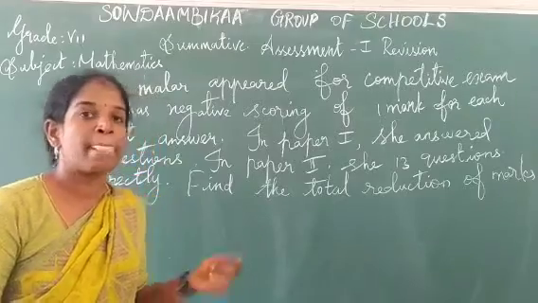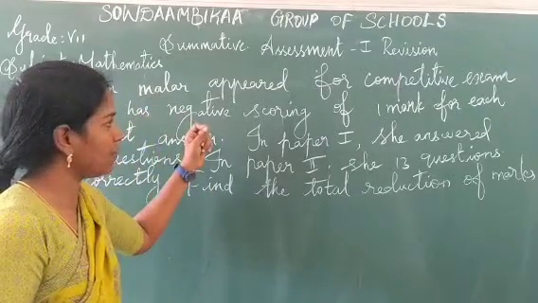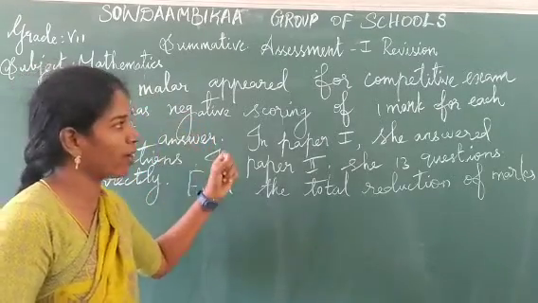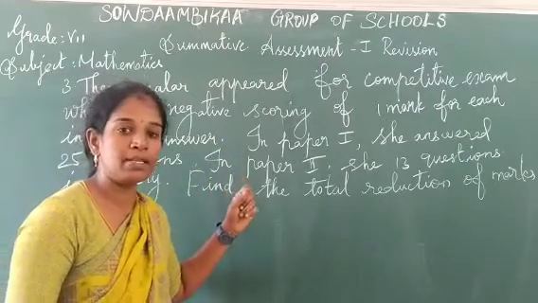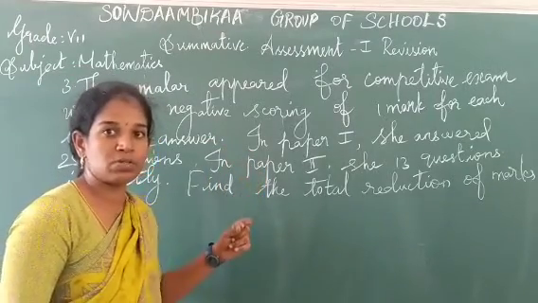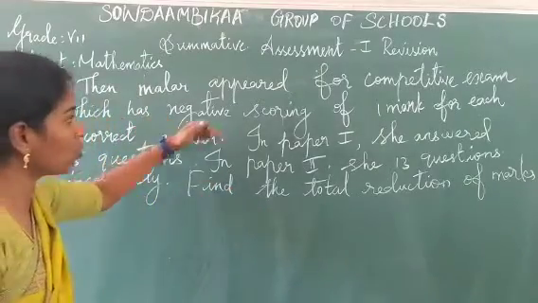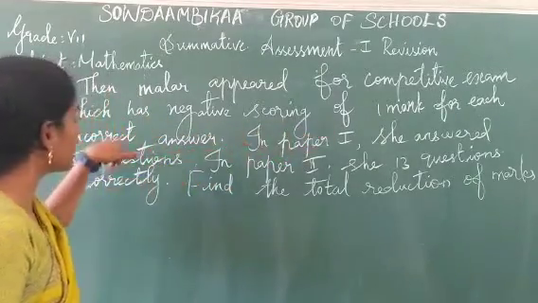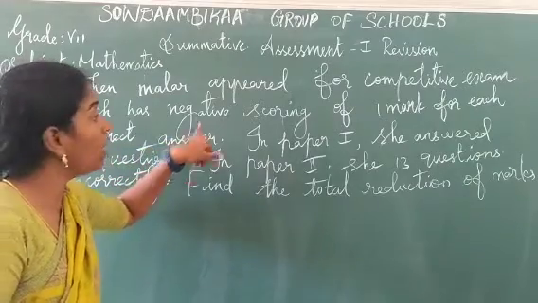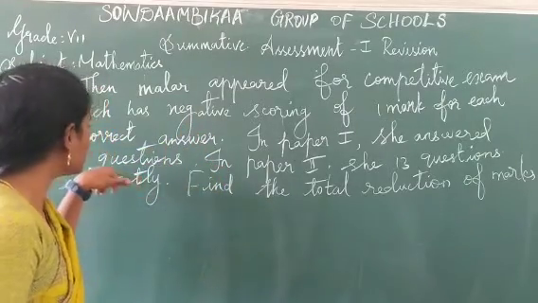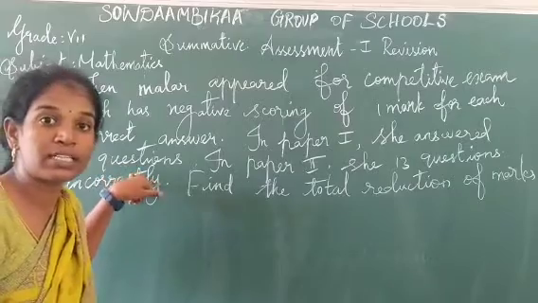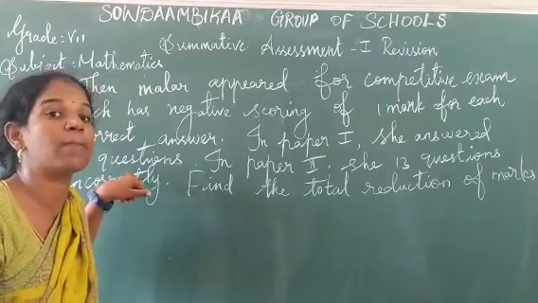Negative scoring means that for one incorrect answer the marks will be reduced. In paper 1 she answered 25 questions incorrectly, therefore the reduction of marks is 25.